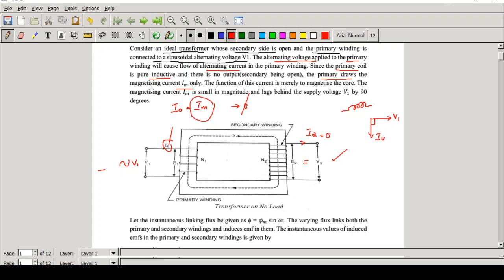It is lagging behind the voltage, or you can say the current is following the voltage. If the voltage is rotating like this, after 90 degrees the current will start rotating. There is always a phase difference of 90 degrees between voltage and current in the case of a purely inductive load.